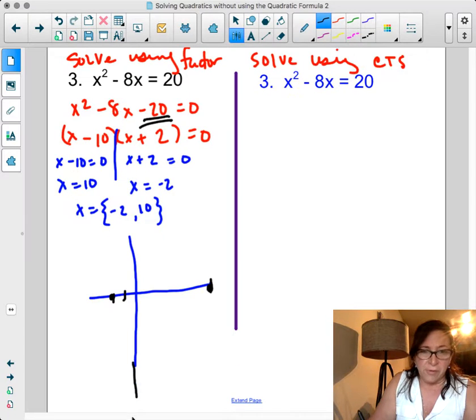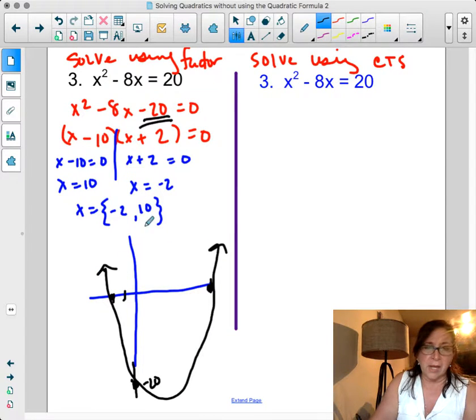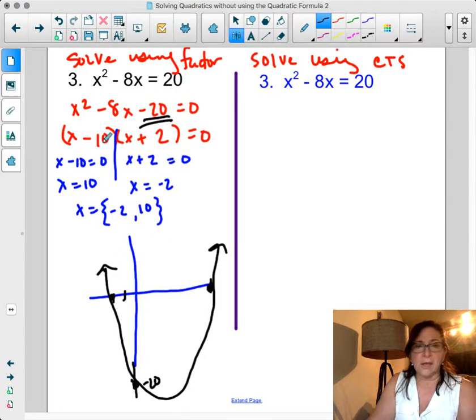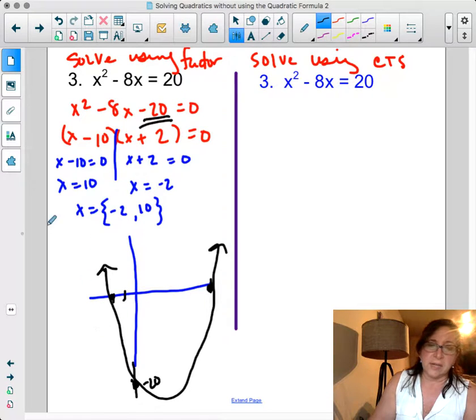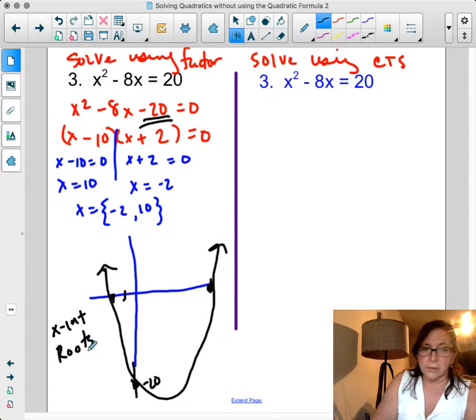So my graph will look something like this. It's my parabola. It'll come up. But just know that when you're solving, you are looking for the x-intercepts, which we just found. Those are also called the roots, and they're also called the solutions.